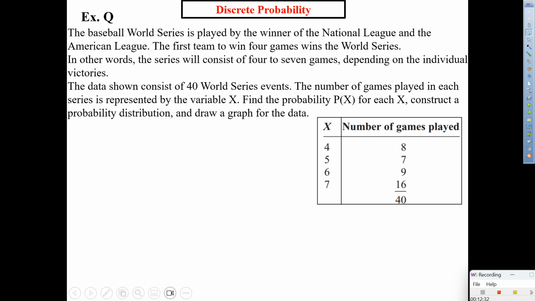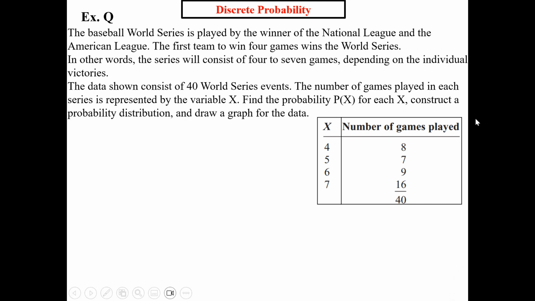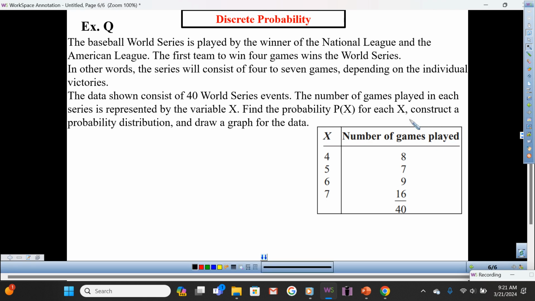The data shown consists of 40 World Series events. The number of games played in each series is represented by the X. Find the probability P of X for each X. Construct a probability distribution. Question. Look up to the screen. Tell your neighbor what this means. What does that mean?